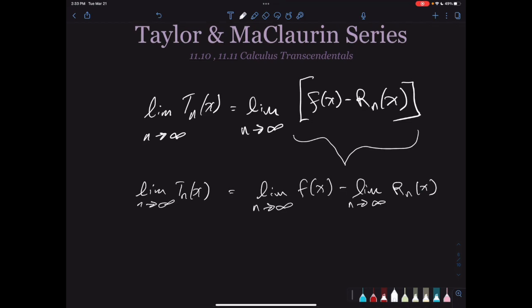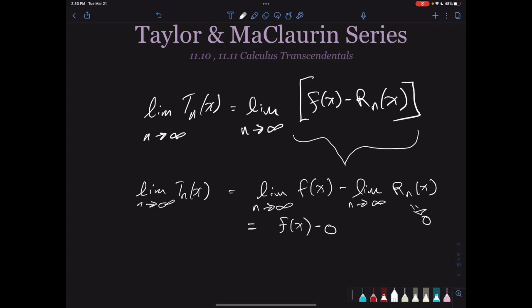The limit as n approaches infinity of f of x is simply f of x, because there is no n in the function. Whereas, if the limit of Rn of x as n approaches infinity is equal to 0, this is going to equal 0.